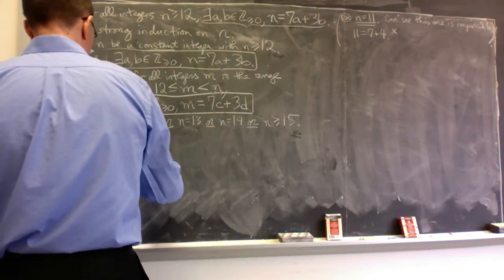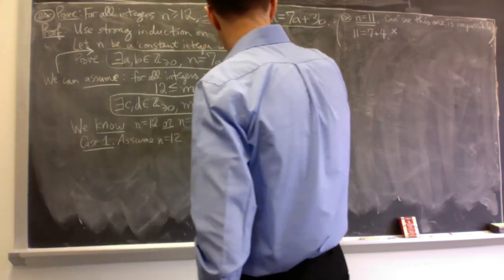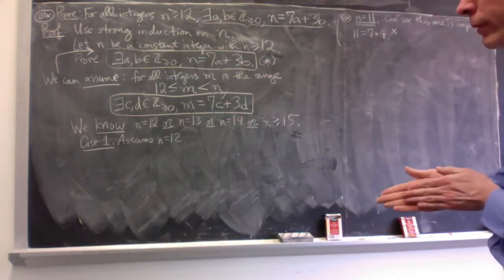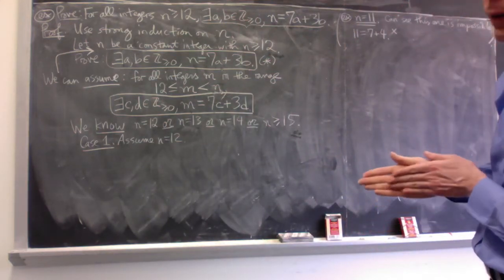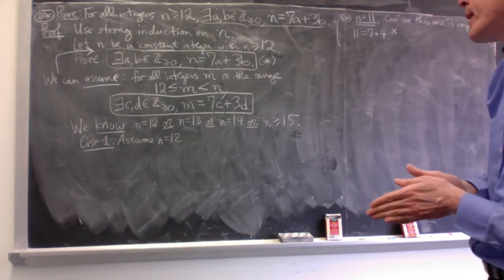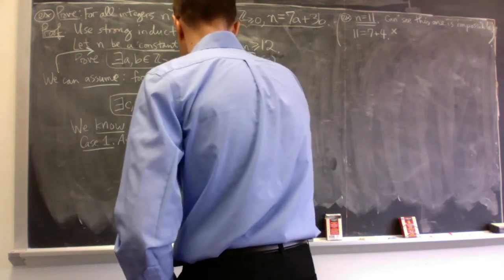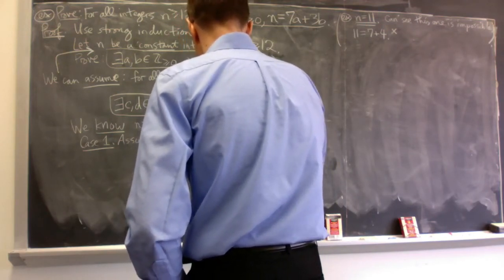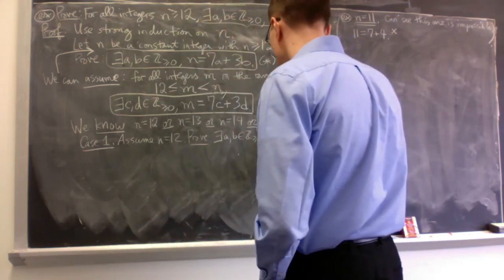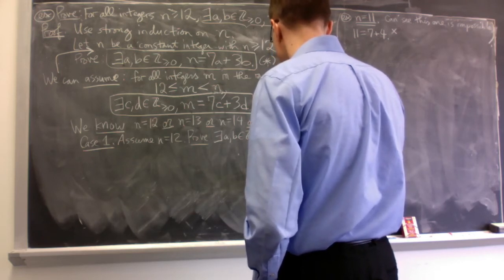So what if n is 12? Let's call this statement star. When you're proving star, which is an existence statement, you have to choose the a and the b. So prove there exists a, b, non-negative integers, such that 12 is equal to 7a plus 3b.